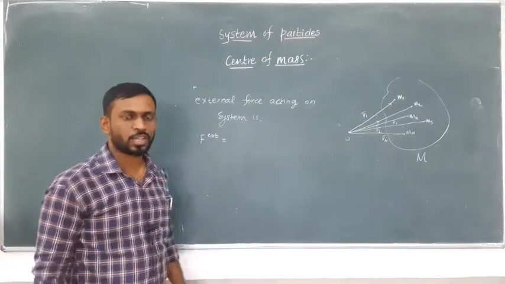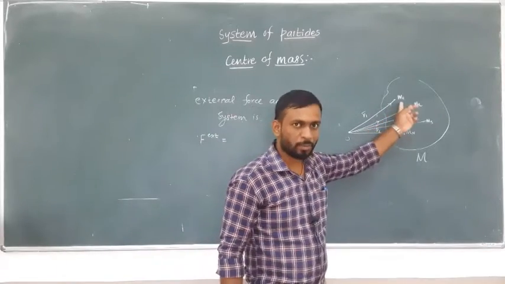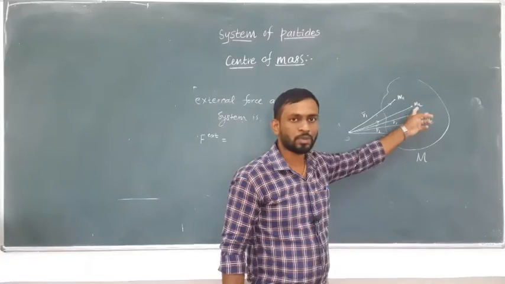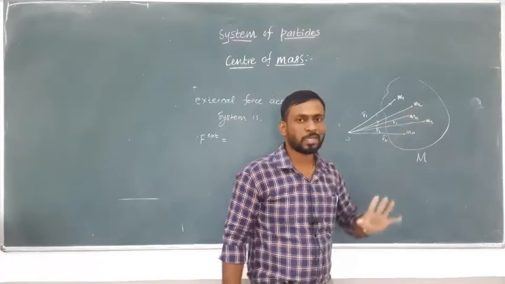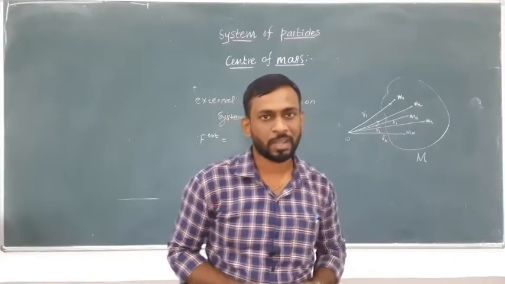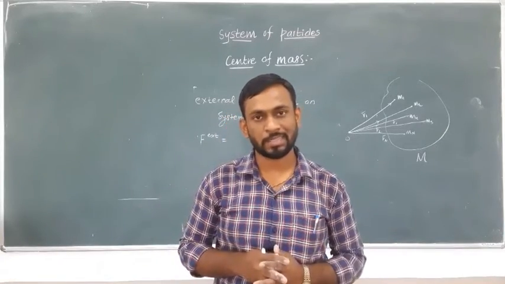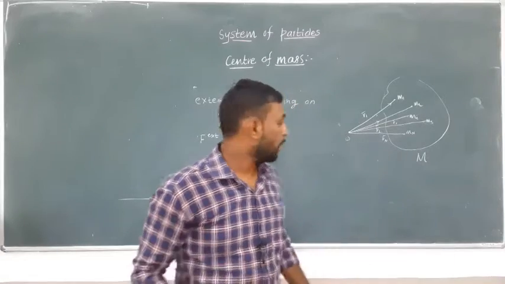Total external force experienced by this total system is the force experienced by this M1 particle, the force experienced by this M2 particle, the force experienced by this M3 particle, and so on. If we sum up all those forces experienced by the particles, we will get the total force experienced by the total system.